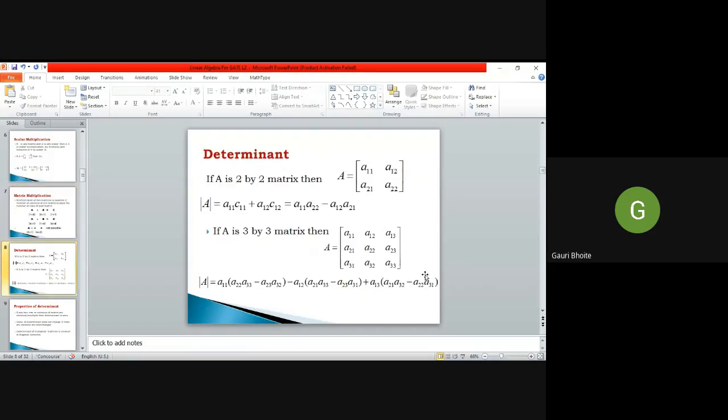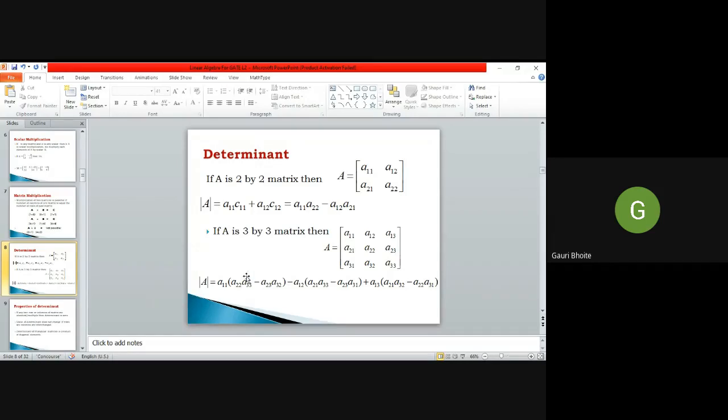Now determinant. If A is a 2 by 2 matrix with entries A11, A12, A21, A22, the determinant is A11 into A22 minus A12 into A21.